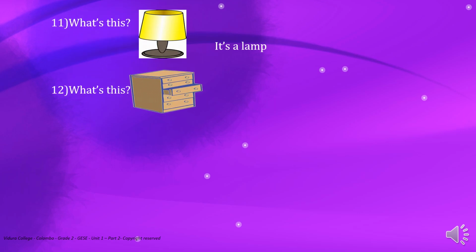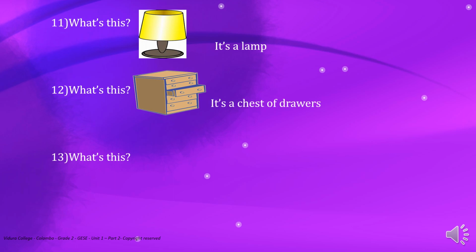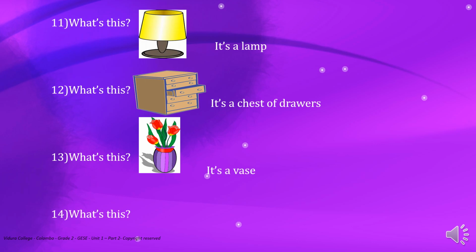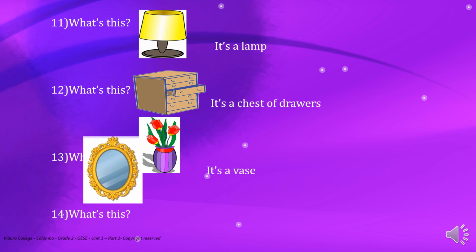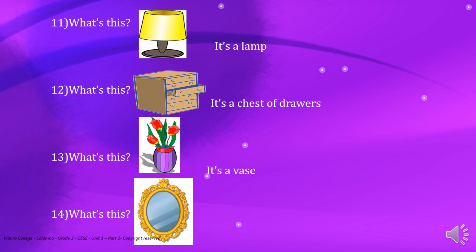What's this? It's a chest of drawers. What's this? It's a vase. What's this? It's a mirror.